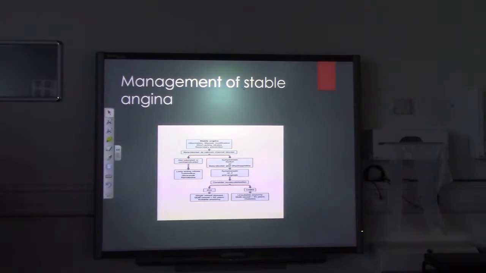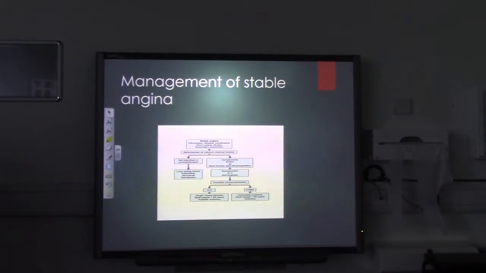Management of stable angina. Well, as ever, we're talking about providing a patient with patient-centered care. So we should be looking at providing information, identifying to patients what angina is. Lifestyle modifications, therefore trying to lose weight, reduce blood pressure, stop smoking, reducing alcohol intake.